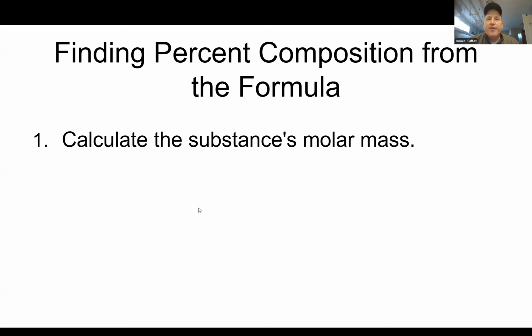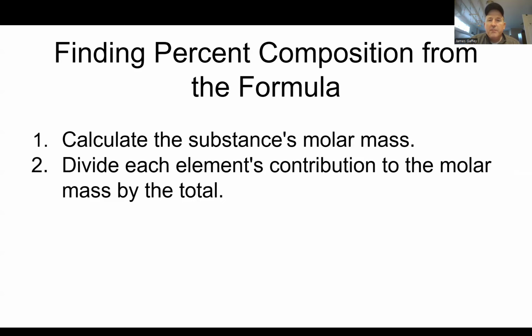So first, when you're asked to find percent composition from a formula, calculate the substance's molar mass first. This is something we should be pretty familiar with by now. You look up the atomic weights for each element on the periodic table, multiply by the number of atoms that you see there, and add them up.